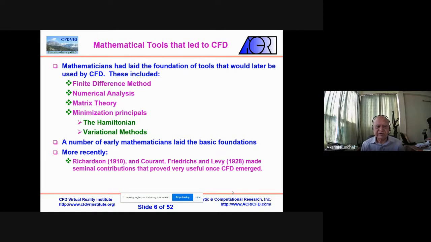So were the concepts of numerical analysis, matrix theory, and most important, the minimization principles, which basically say that most physical systems try to seek their minimum energy status, and that leads to what's called the Hamiltonian or the variational methods. More recently, Richardson and Courant and his associates made some very good contributions that eventually led to CFD. So you might say that the basis of CFD goes back about 100 years.